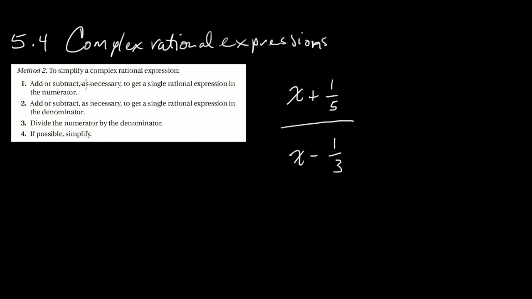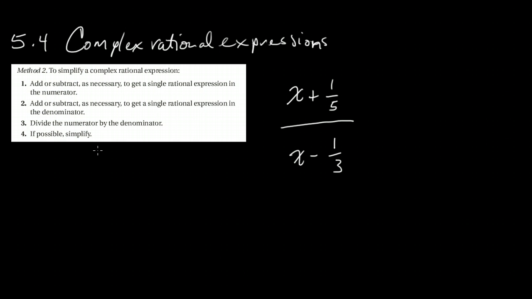using the second method. The second method asks us first to add or subtract as necessary to get a single rational expression in the numerator, then do the same for the denominator. So here's the numerator, and the numerator says x plus the quantity 1 over 5.